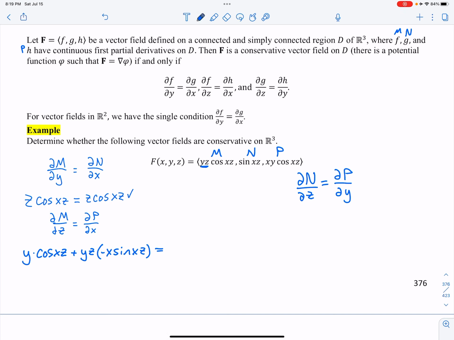So it's going to be a Y times cosine of XZ plus, I keep my XY times, let's just take that out of parentheses, XY times the derivative of cosine XZ with respect to X, which is going to be negative Z sine XZ. I think that matches the other side.